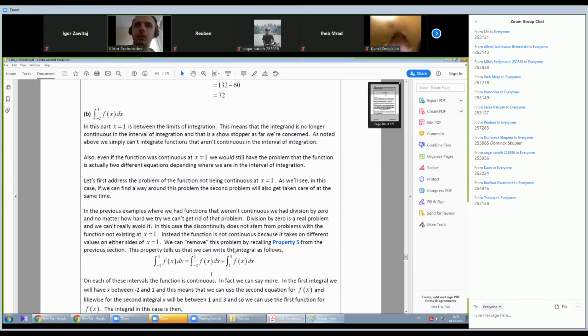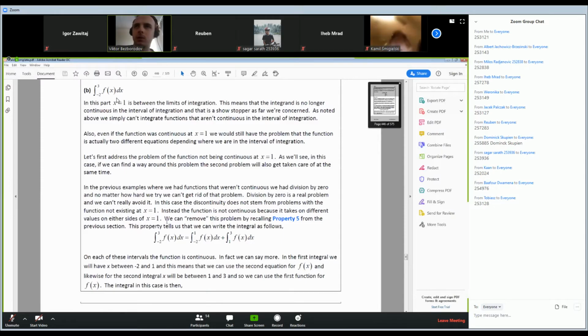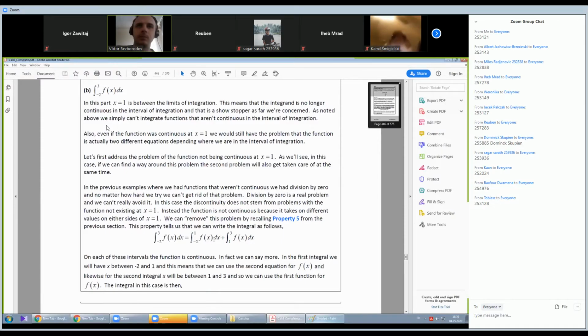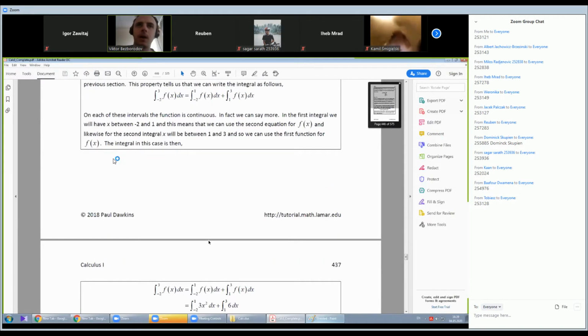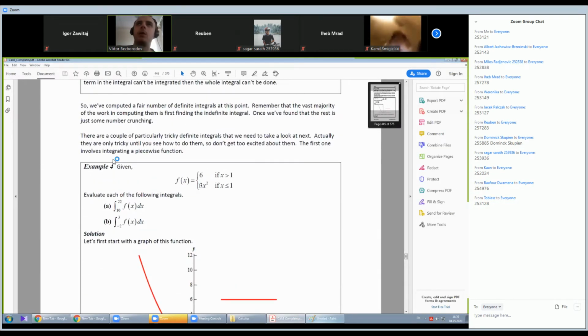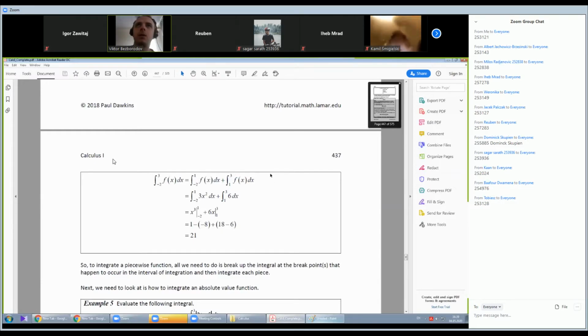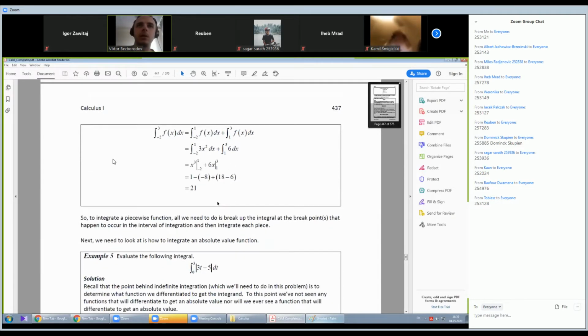And here the function is continuous. And then you can use those expressions which are given here. So from -2 to 1, you have 3x squared. And then from 1 to 3, you have 6. So then you just compute as a sum, and this is pretty straightforward.